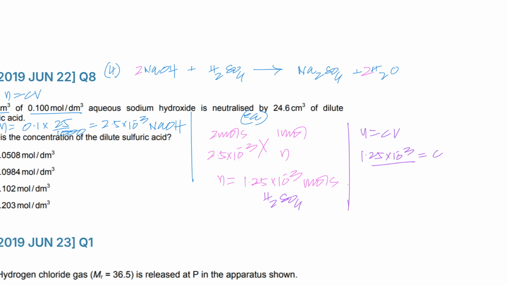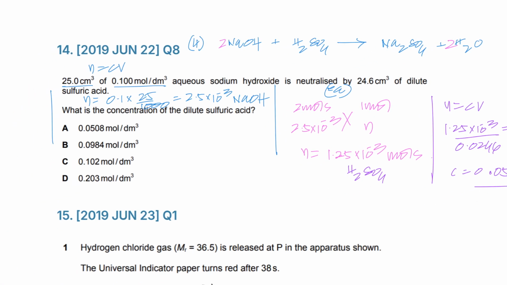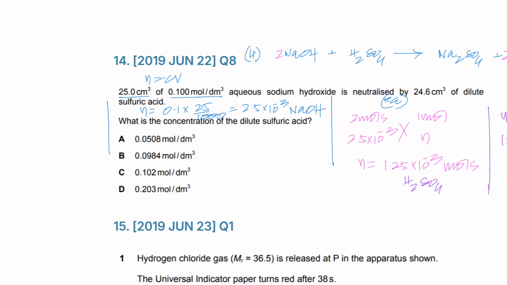So 24.6 divided by 1000 is 0.0246, and what do we get? 1.25 into 10 raised to the power minus 3 divided by 0.0246. It gives me 0.0508 mole per dm cube, and you could check which of the options fit this. I believe it's A, and you're gonna go with A then.